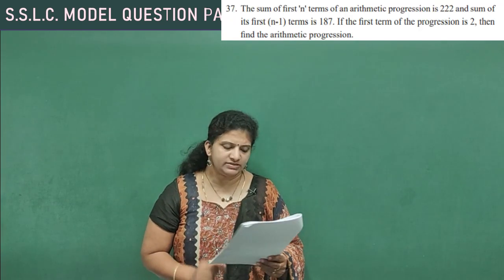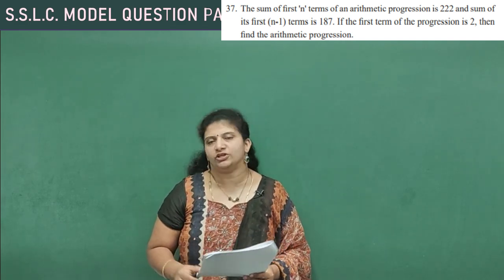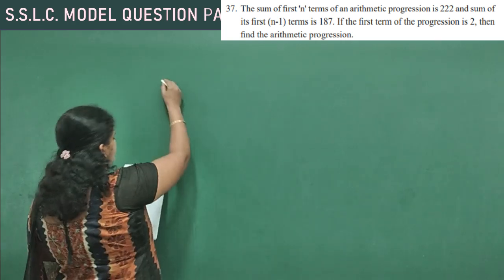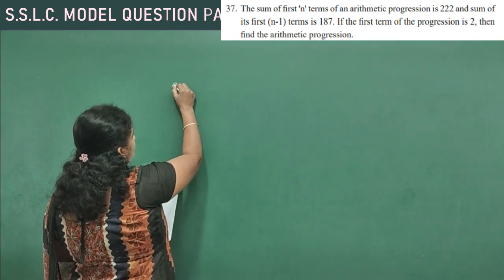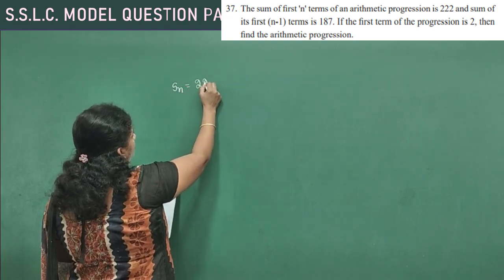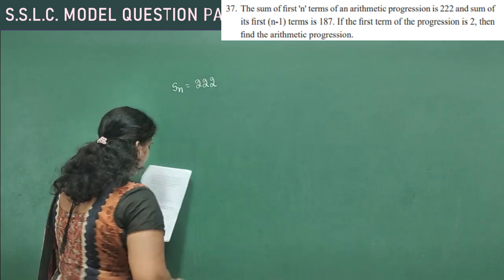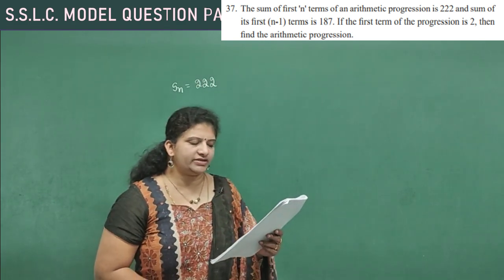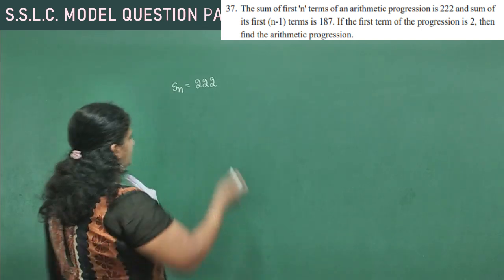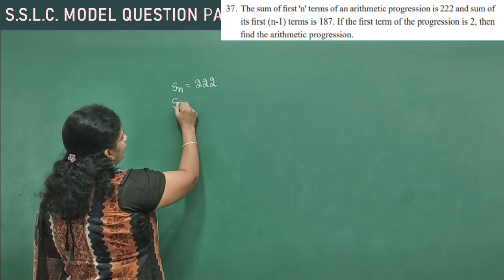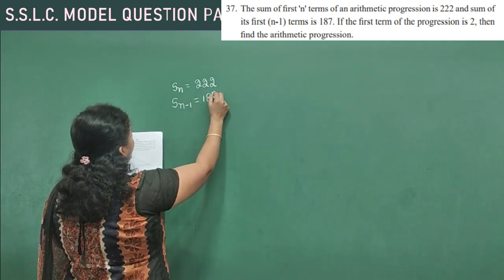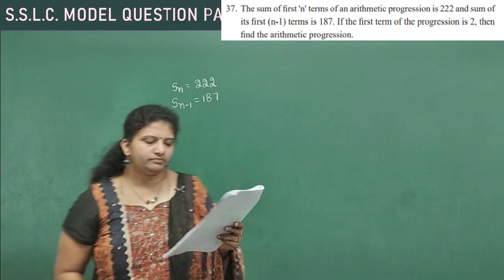37th problem. The sum of the first n terms of an arithmetic progression is 222. That means the given sum of n terms is equal to 222, and the sum of its first n minus 1 terms is 187.